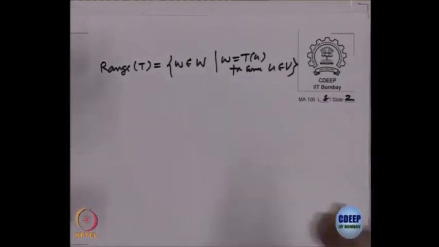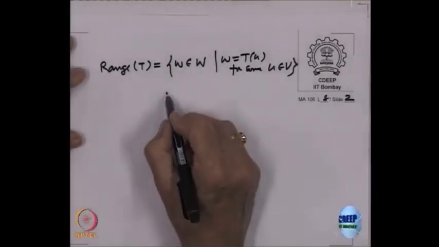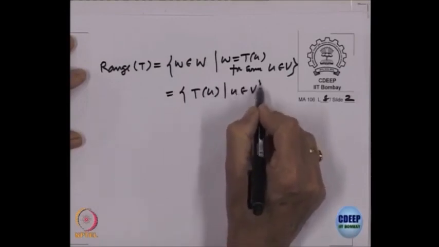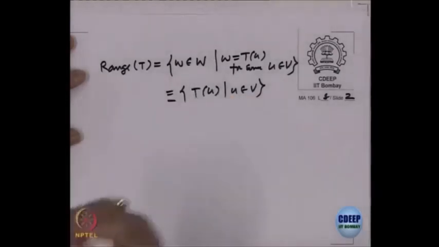Right? All the points in the codomain which are images of something, right. Another way of saying it is T of u, u belonging to V, both are the same, okay. This is equivalent.